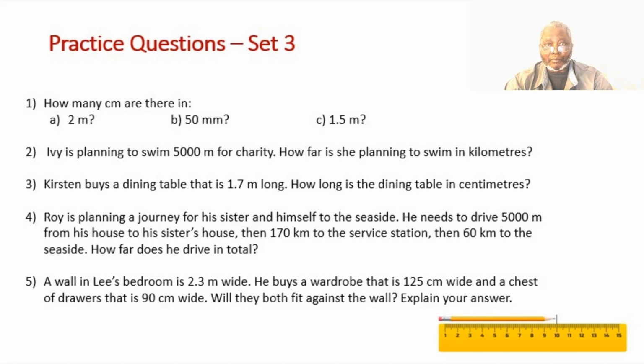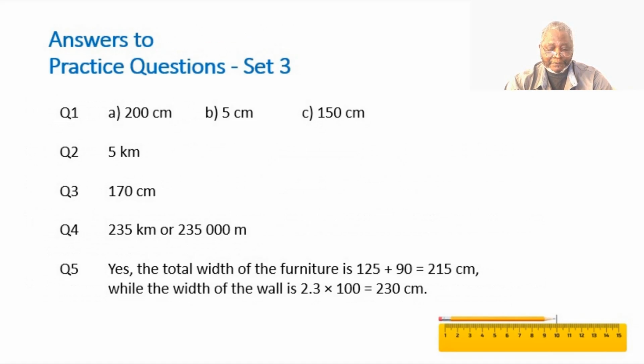Here again, you have to convert all of them to the same unit before you can solve this problem. And that's your answer. Read it carefully. In Question 5, you have to explain your answer. So yes or no, that's your first answer. And then the explanation is to show the working. Okay? And write it in English, please.